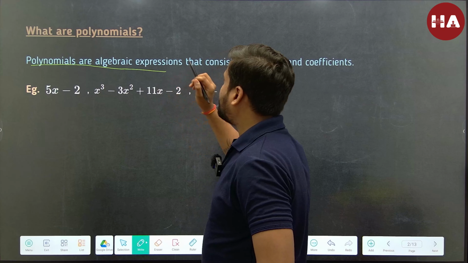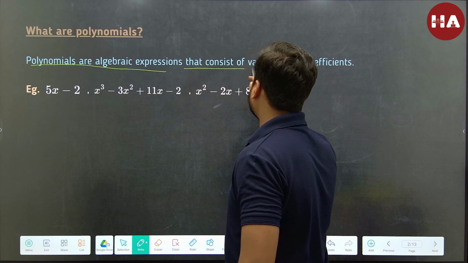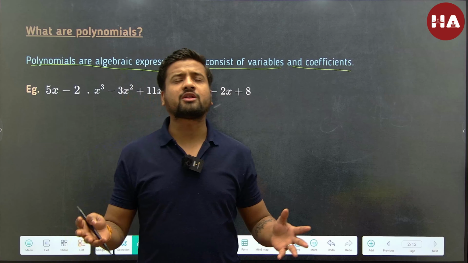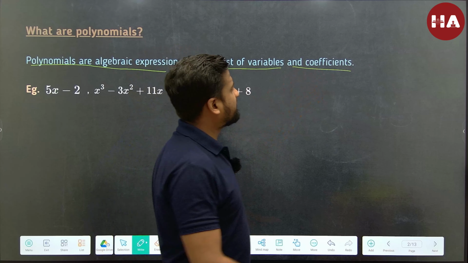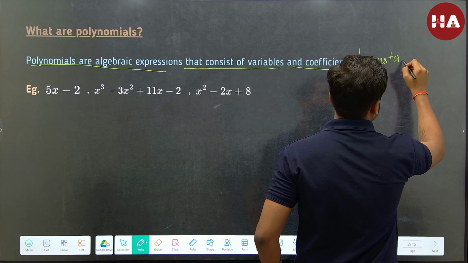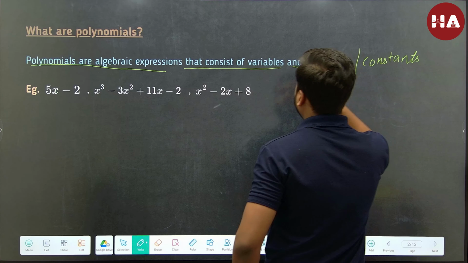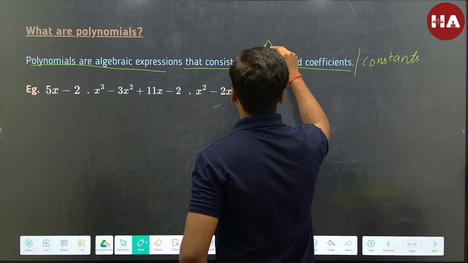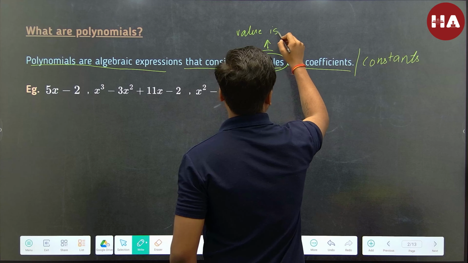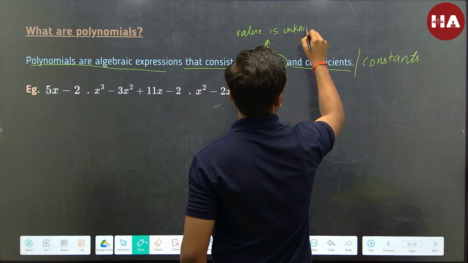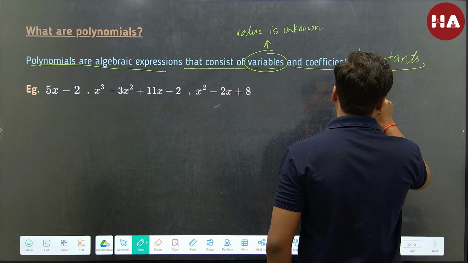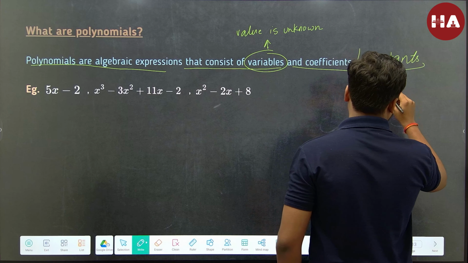Polynomials are algebraic expressions that consist of variables and coefficients. Now we all know what variables are, we all know what coefficients are. We can also use the term constants here. Variables are anything whose value is unknown. Constants are those whose values are known.